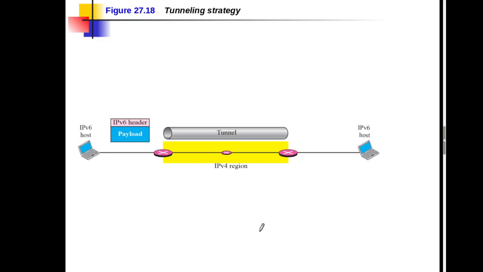You just wrap it into an IP version 4 header and transmit it through that region where it is IP version 4 only. When it comes to the IP version 6 region, you remove that IP version 4 header and the IP version 6 header continues. In this way it works.